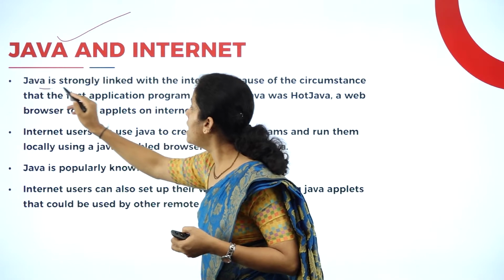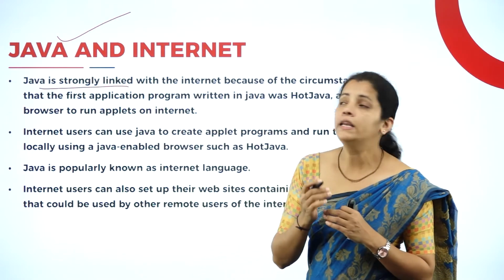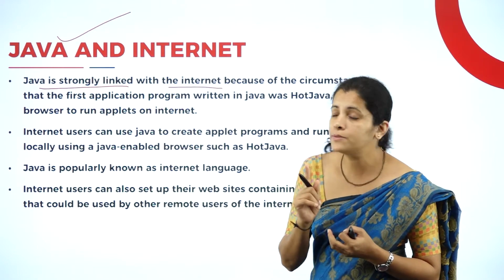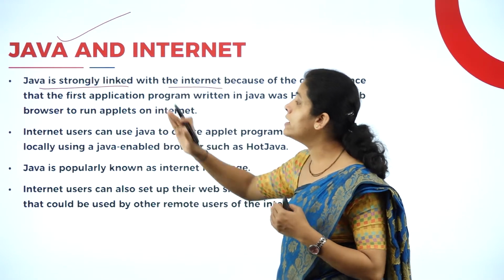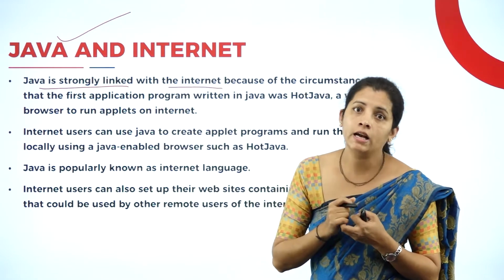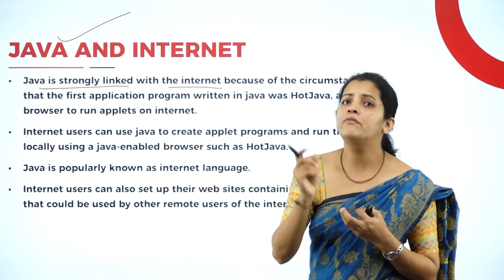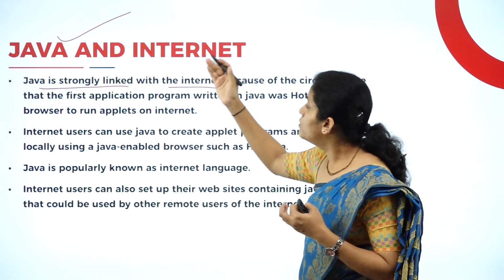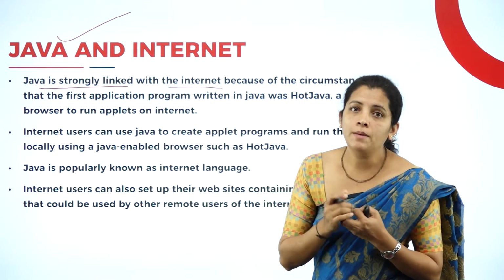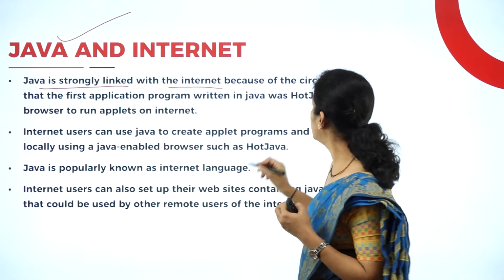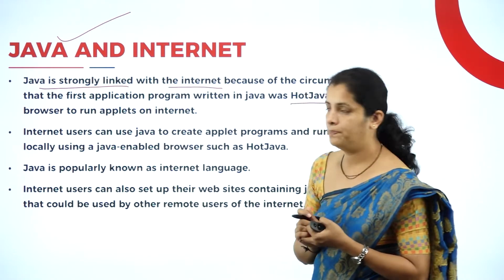So Java is strongly linked with the internet. What is the first point here? Java is strongly connected with the internet because the first browser developed using Java is nothing but HotJava.